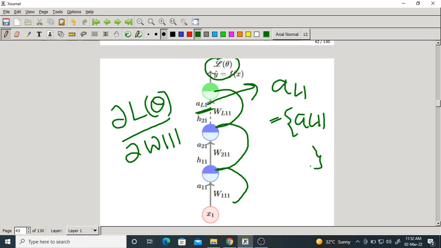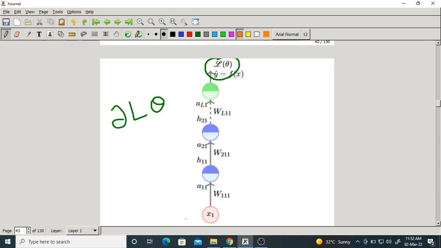Here the dark green region is the activation, and the light blue region is the pre-activation. Here also the dark blue is the activation and light blue is the pre-activation, and so on. So what have we done?